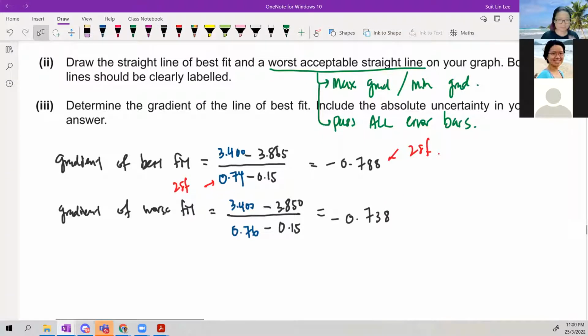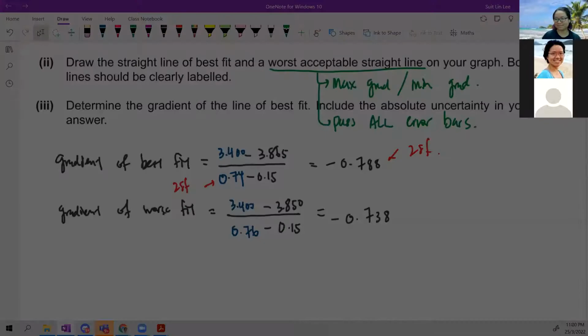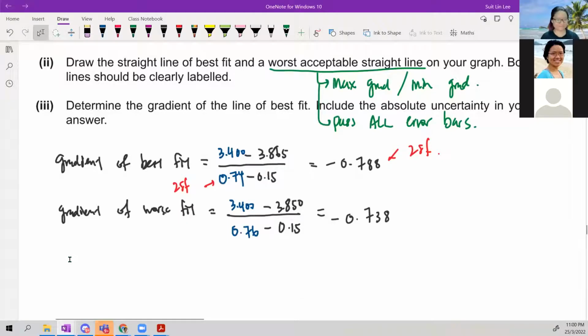Okay. Miss Lee, what's the range in the mark scheme for this one? This one, there is no range. Oh, it should be that specifically? Nope, just no range. As long as it's negative. Oh, really? So like anything.